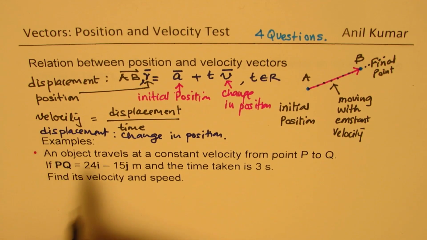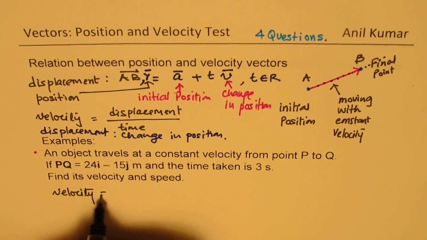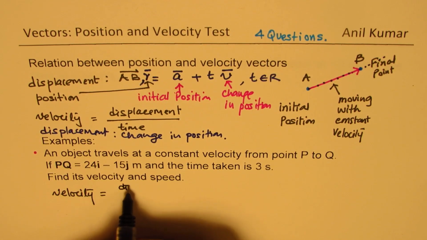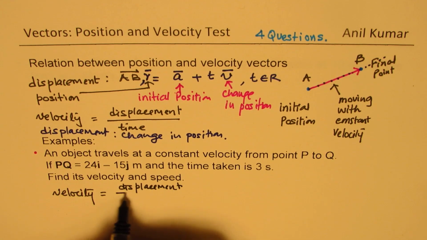So, using this equation, we can say velocity is equal to displacement over time.